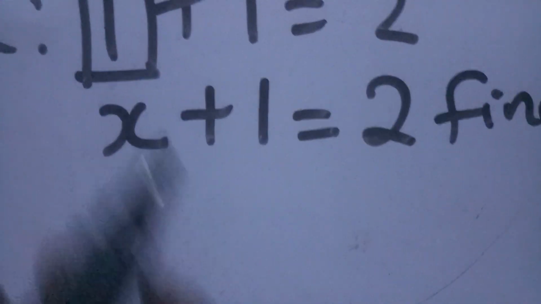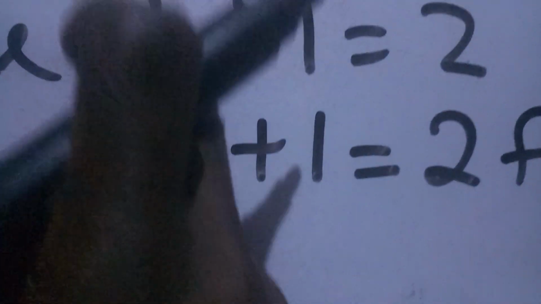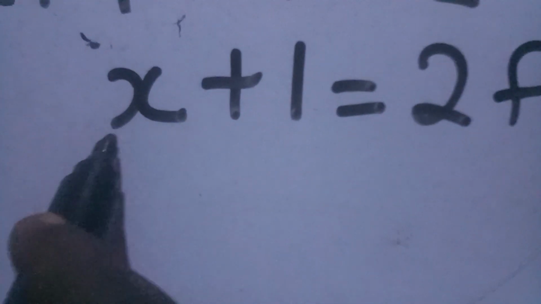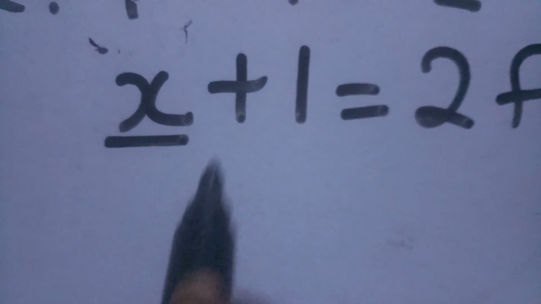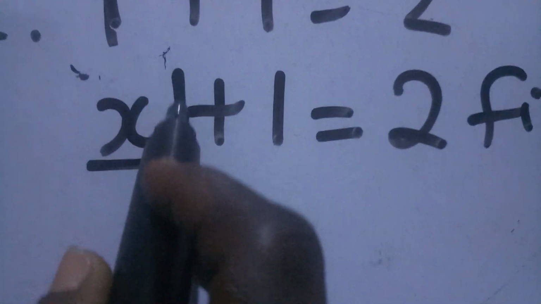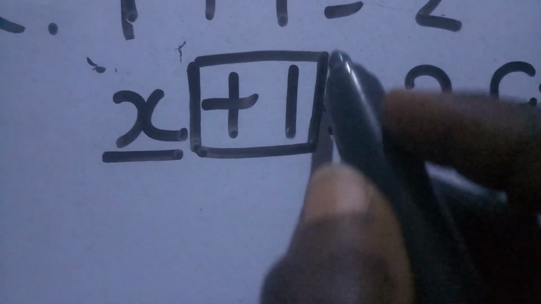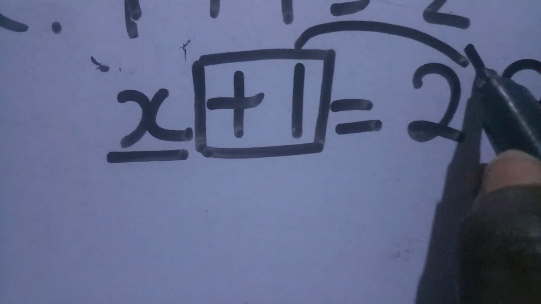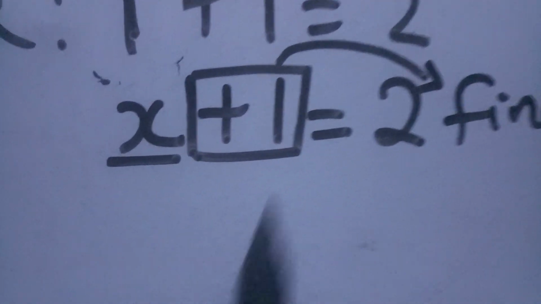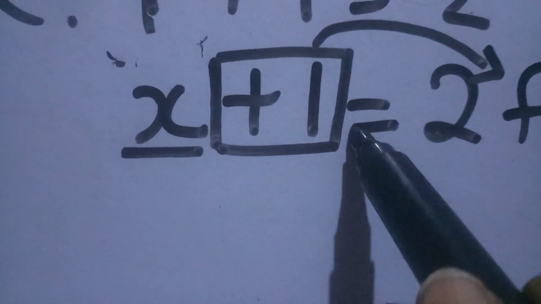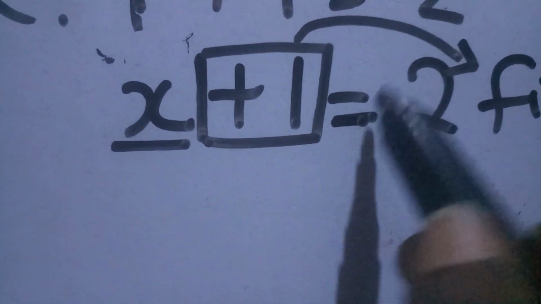But we are going from the known. We already know that our x should be 1. So for us to get x, you transfer this plus 1 to the other side. And the rule says immediately you transfer plus across the equality sign, it changes to minus.